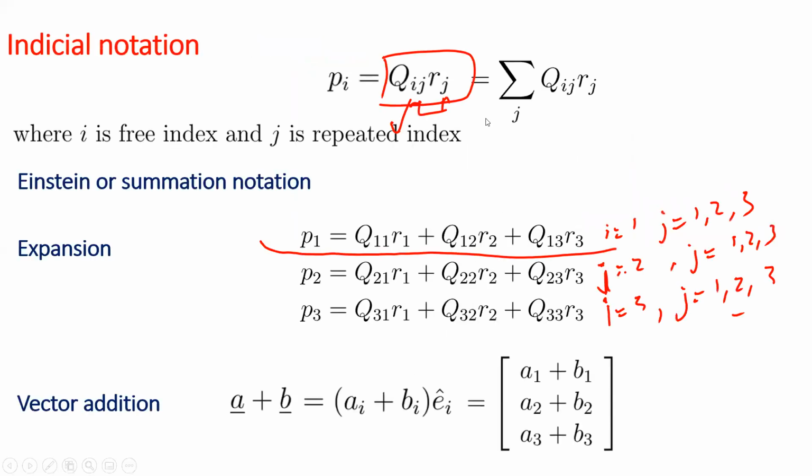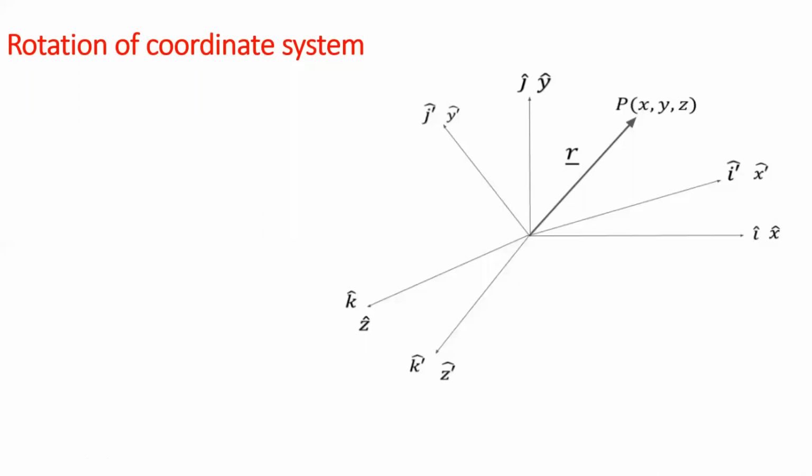So we will see what happens to a vector when the coordinate system is rotated. i hat, j hat, k hat represent the unit vectors along the original coordinate system, and P is a point with coordinates x, y, z, and the corresponding vector from the origin to the point P is the position vector r.